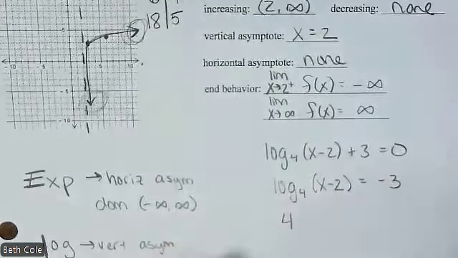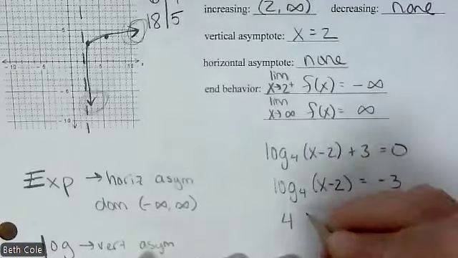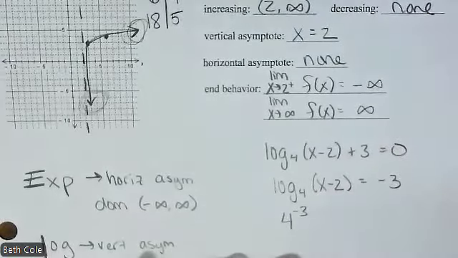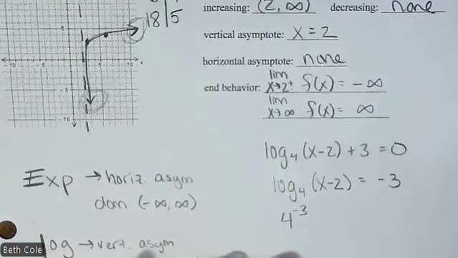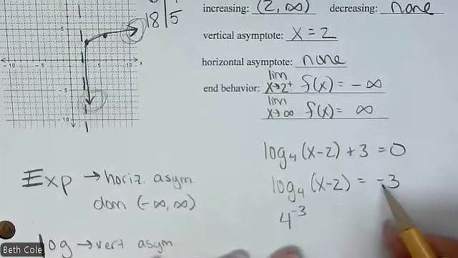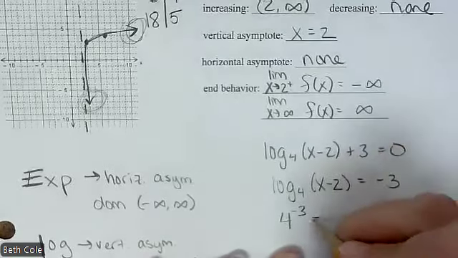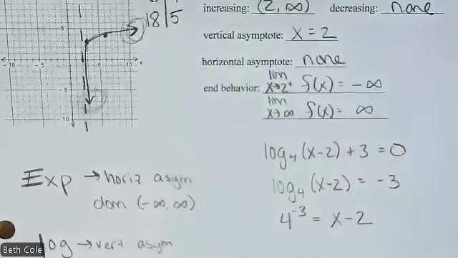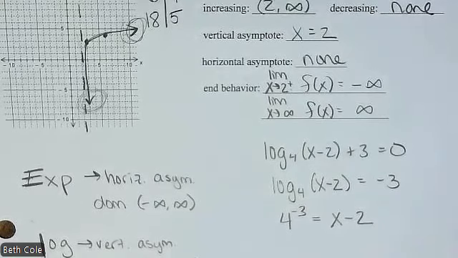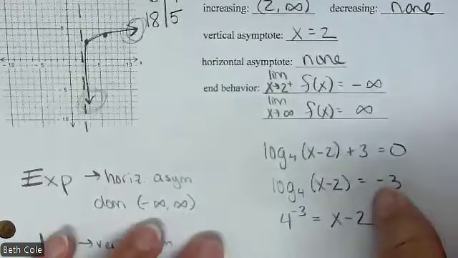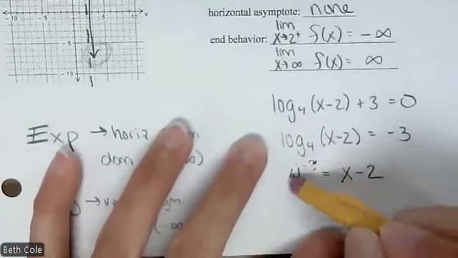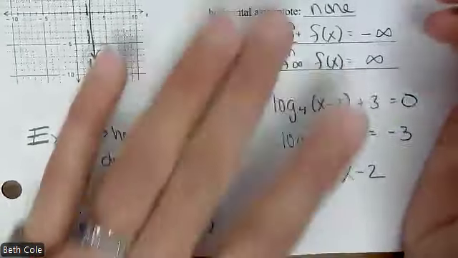So it's 4 to the power of negative 3 equals x minus 2. Remember how last class we just practiced writing it in the other format? Now, what is 4 to the negative 3? This is like your Quizlet game. Good. I'm going to erase that and put 1/64.